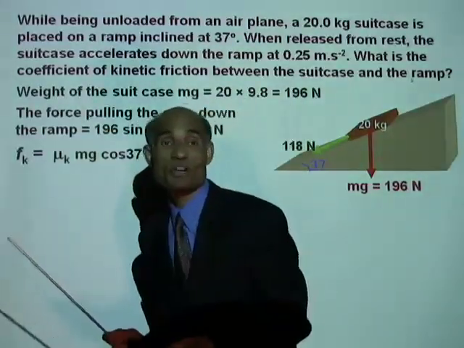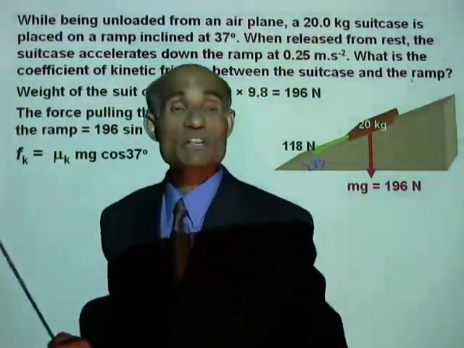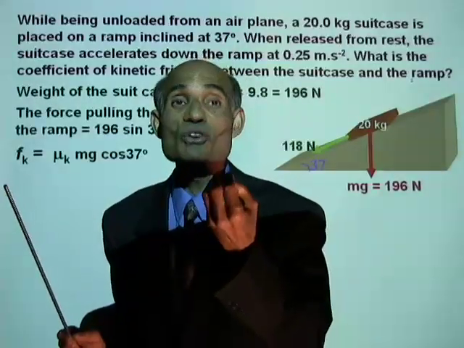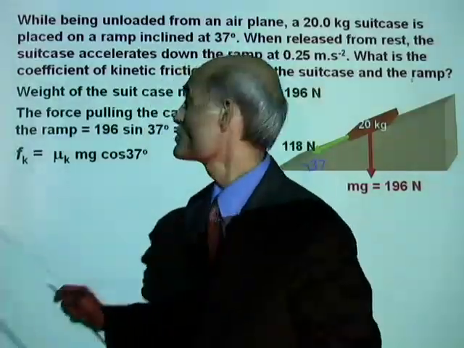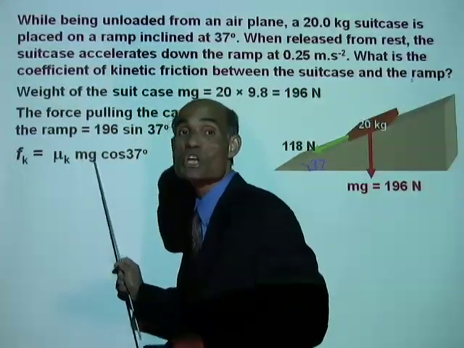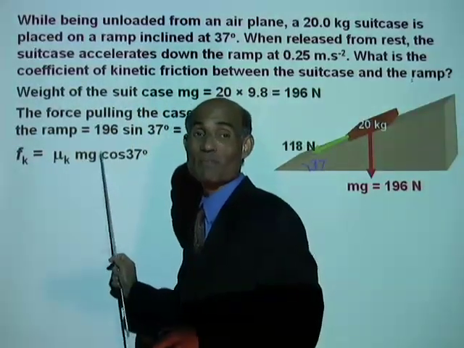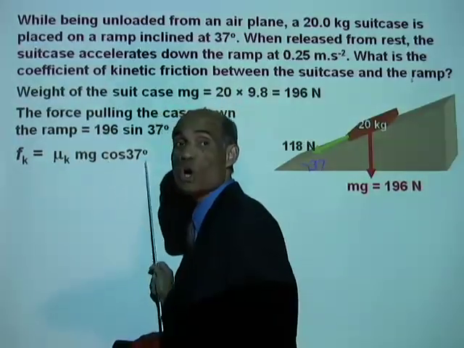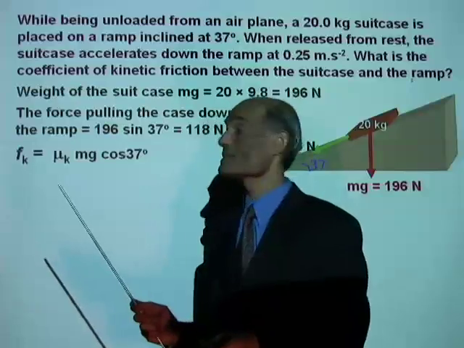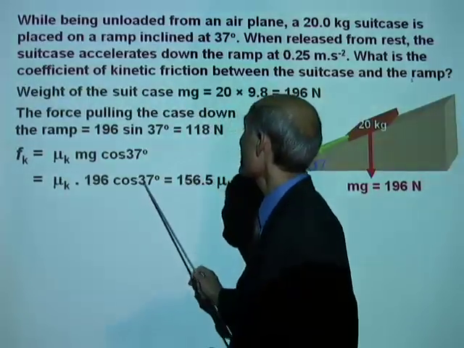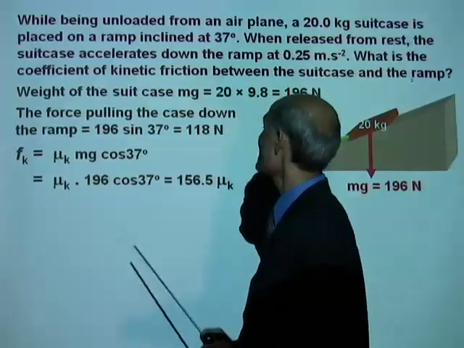What is the force of friction? Since the suitcase is sliding down, the force of friction is the force of kinetic friction. So Fk equals mu k mg cos theta. Fk equals mu k mg cos 37 degrees, and that will be mu k times 196 cos 37.